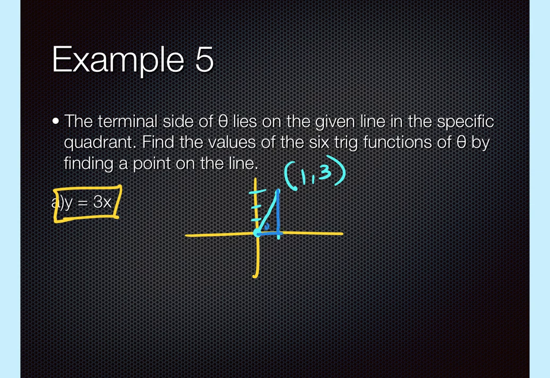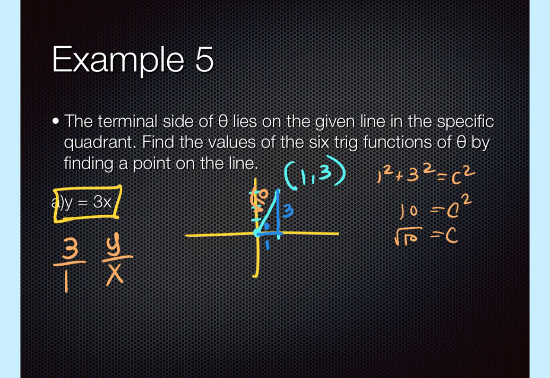Now, can I close it in? And can I put theta here? And I just made it a right triangle. So the x is 1, the y is 3. I'd have to use the Pythagorean theorem, which we already did once, to find the hypotenuse. And then you'd find your 6 trig functions from there. So the slope is your rise over your run, which was 3 over 1 this time, is my y over my x.